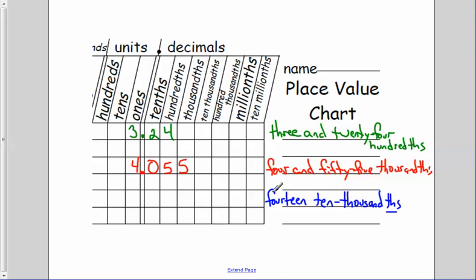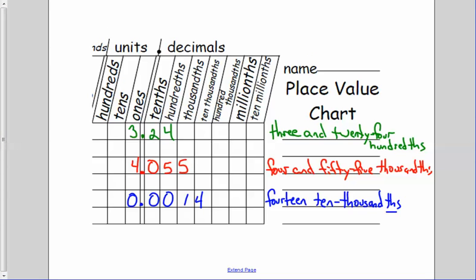That means that there is no whole. So I've got 0 and 14 ten-thousandths. Well, that means we're going even further down our place value chart, so I have to put my placeholder zeros in my tenths, hundredths, and then I've got 14 ten-thousandths.